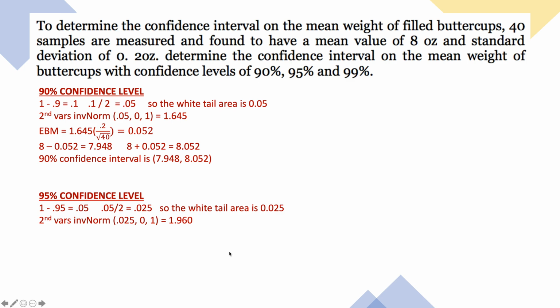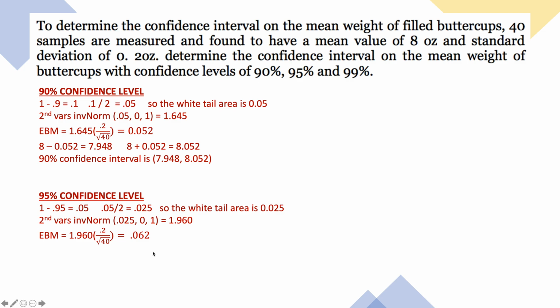That allows me to use my error bound formula, which is always the answer to the second bar's inverse norm times the standard deviation divided by the square root of the sample size. So it's 1.960 times 0.2, the standard deviation, over the square root of 40. When that's done, I get 0.062.